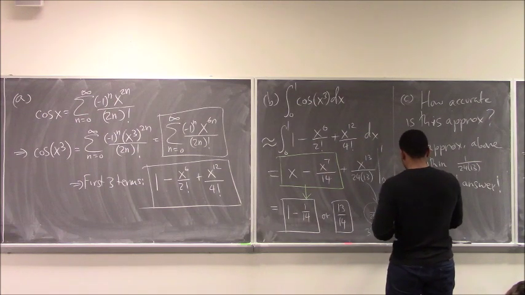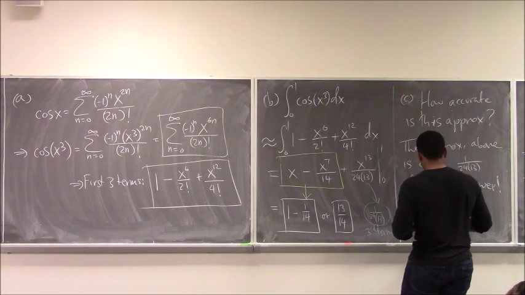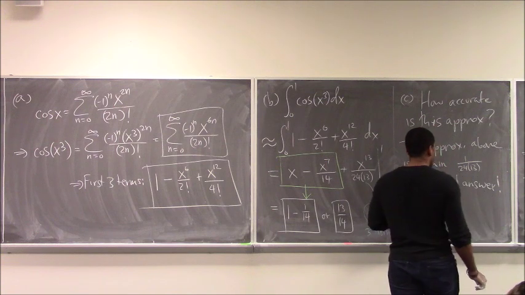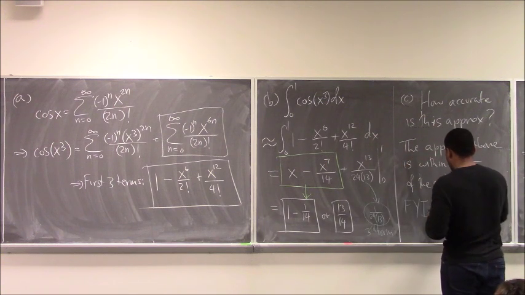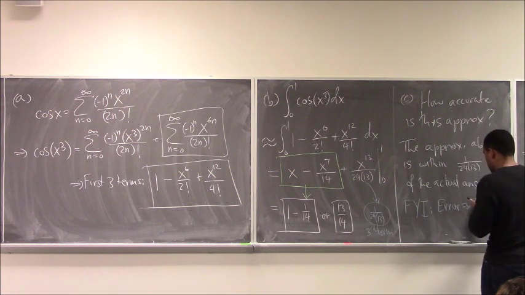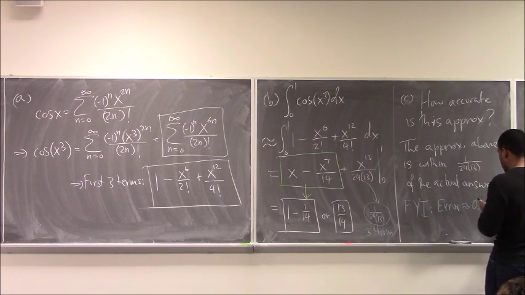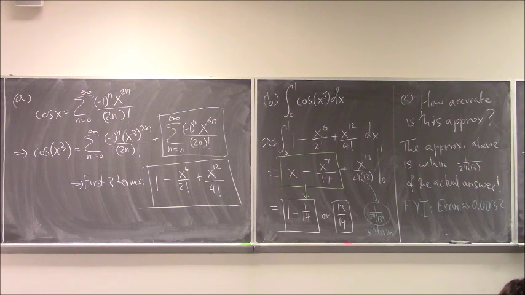So, FYI, that's about the error. How far we are from the answer is about 0.0032. So we're good for sure up to 1 decimal place, but arguably 2 decimal places.